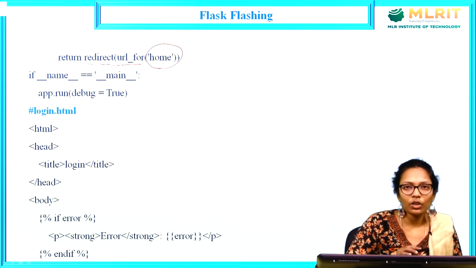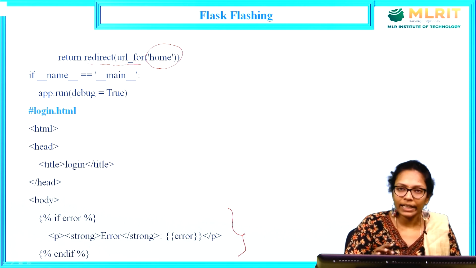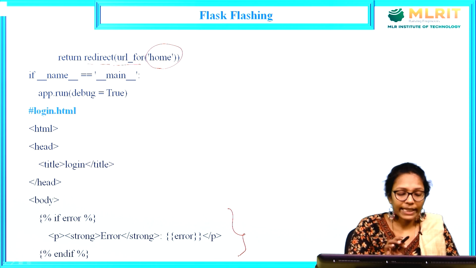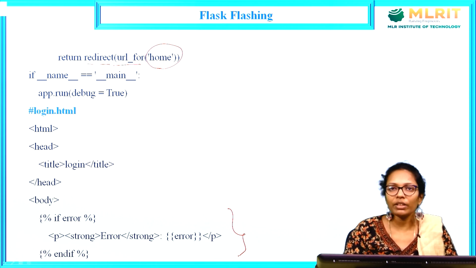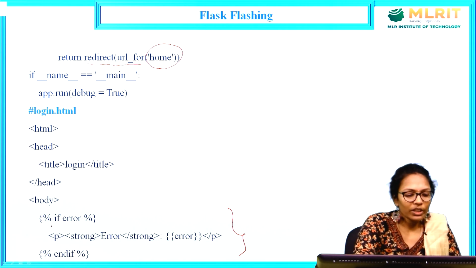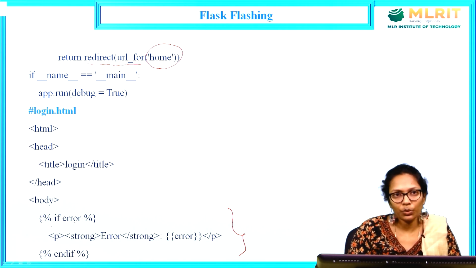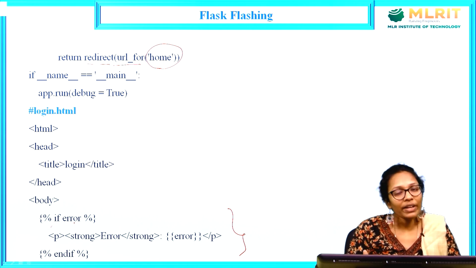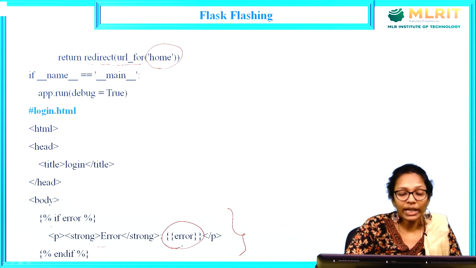In login.html, in the body section, first I am writing the error information. Initially, whenever you open the login page for the first time, there is no error. We have given the error value as None. So for the first time, this if condition will fail, and it won't execute this. But later on, if any error is there, then it displays the error information.